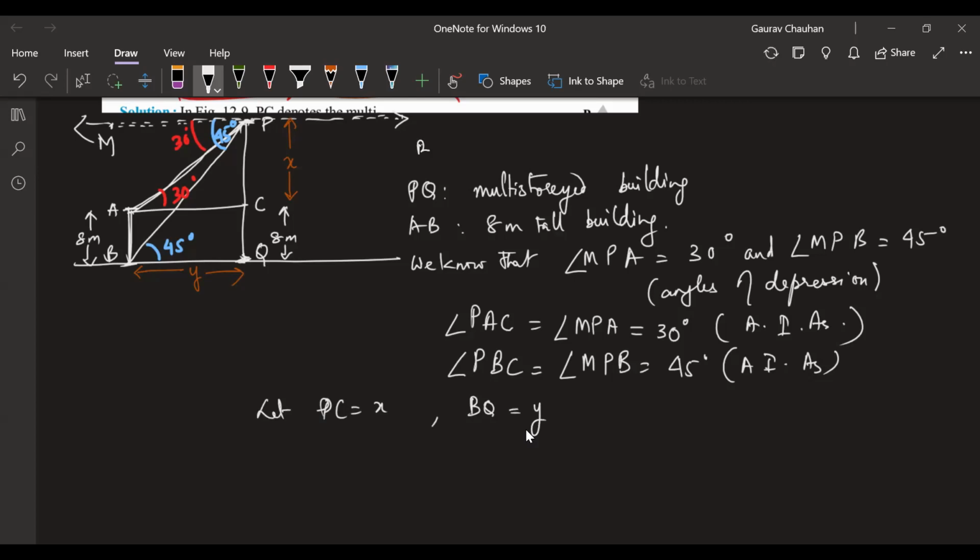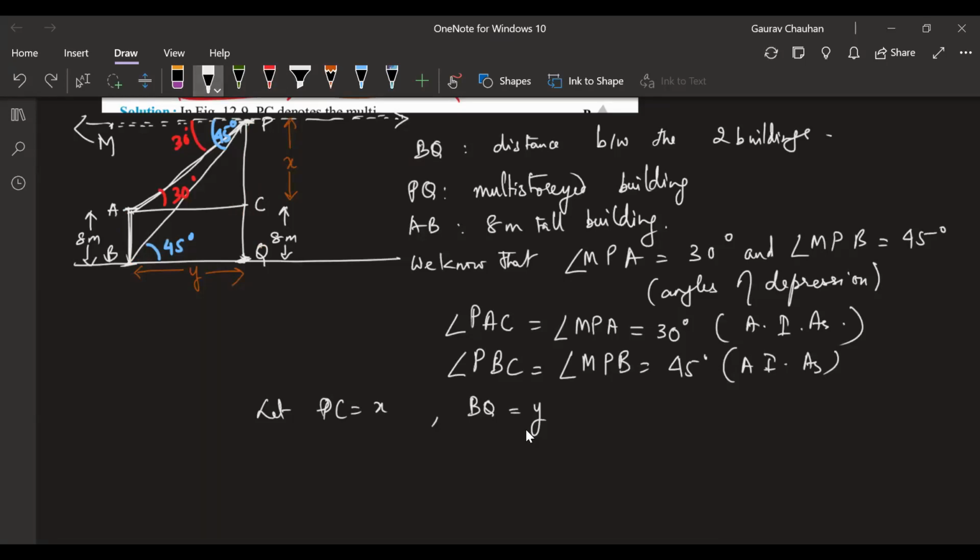Just to be clear, BQ is the distance between the two buildings. So this is also a point which should have been written down. You've written this is the 8-meter tall building, this is the multi-story building, and this is the distance between the two buildings. AC is also the distance, which we will end up using in the question.